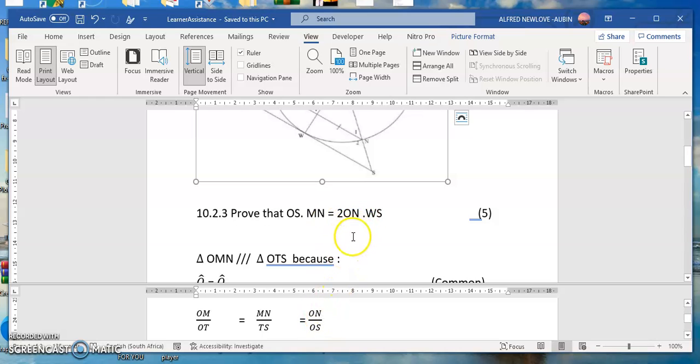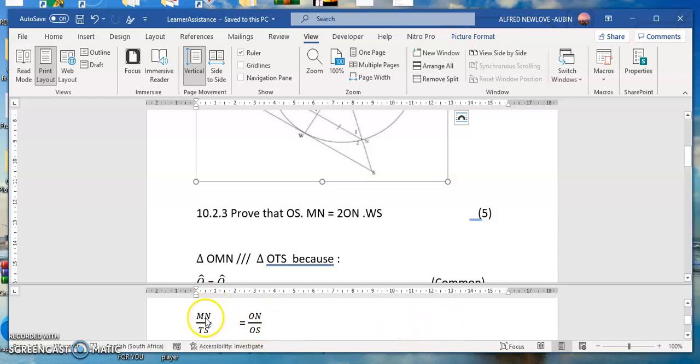And there's even OS here. So we need to use this and ignore the first one. So MN over TS should be equal to ON over OS.